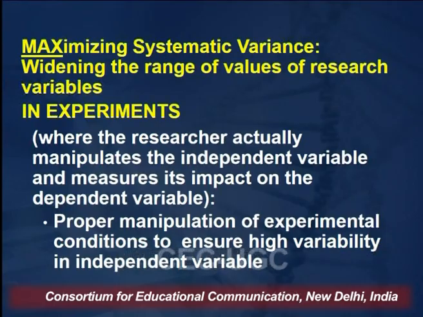In the experiments where the researcher manipulates the independent variable and measures the impact on the dependent variable, one should properly manipulate the experimental conditions to ensure high variability in the independent variable. For example, when we were talking about vehicular exhaust, we need to keep a large range of the concentrations of vehicular exhaust.